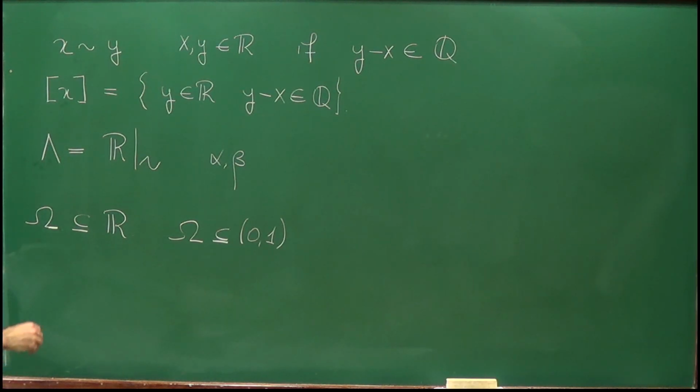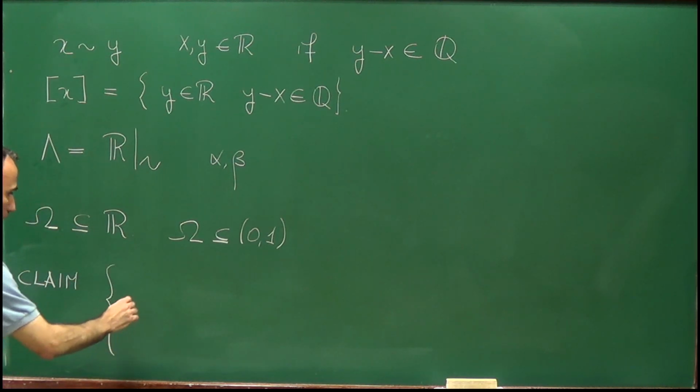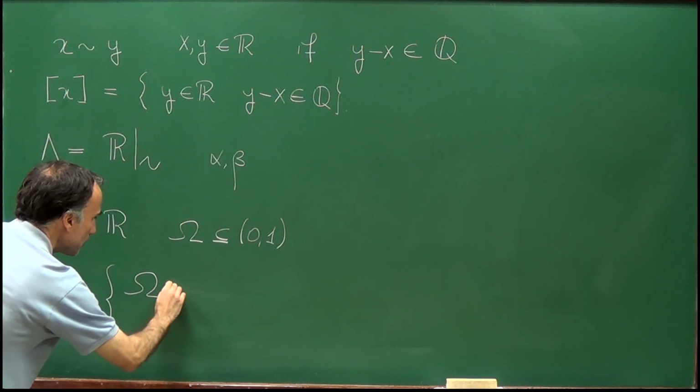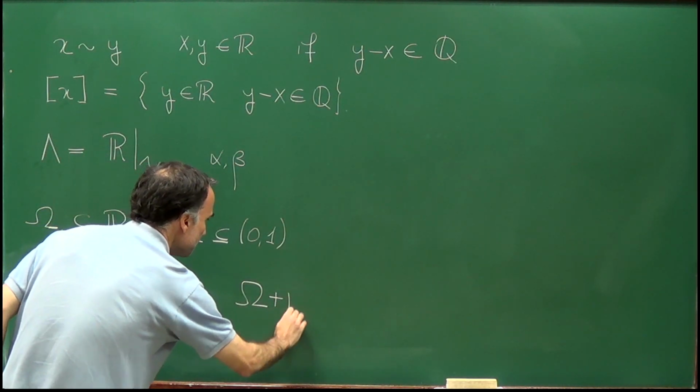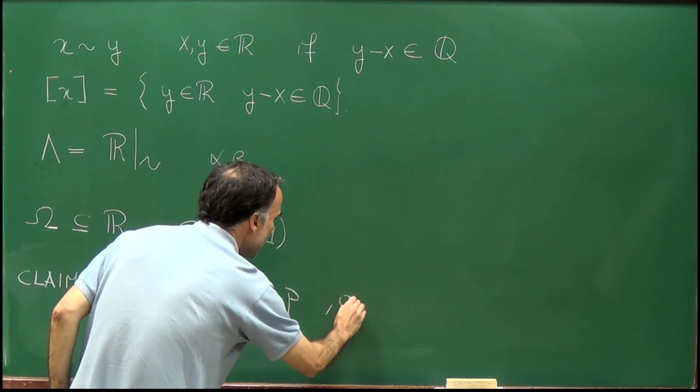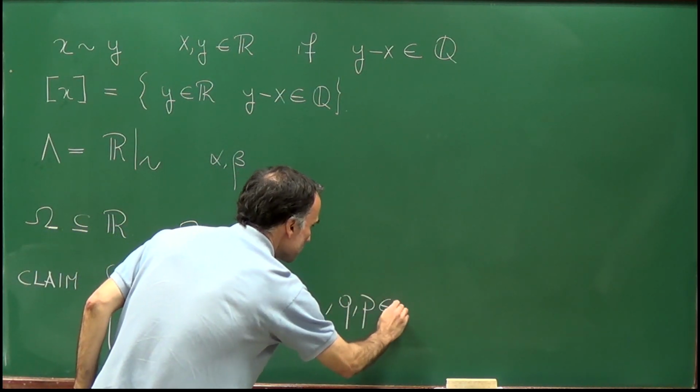What I claim is the following. Take the set omega plus q and the set omega plus p, where q and p are rationals.